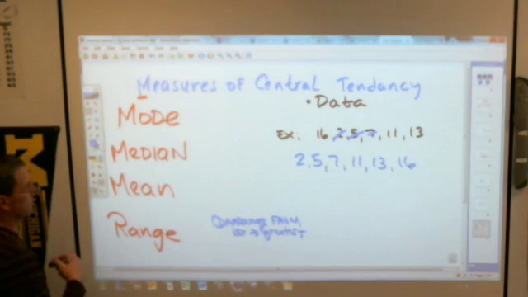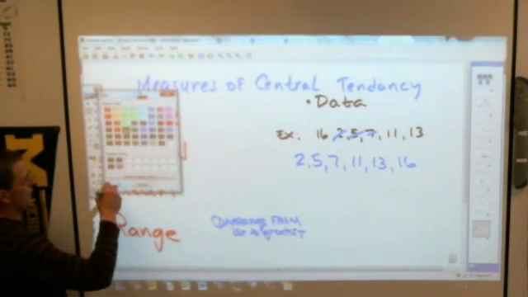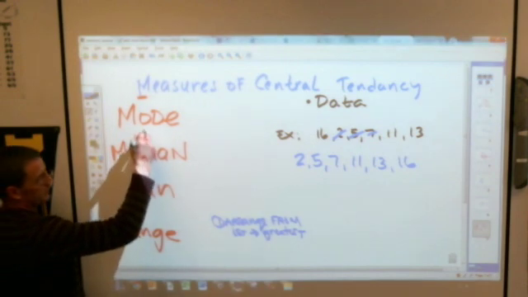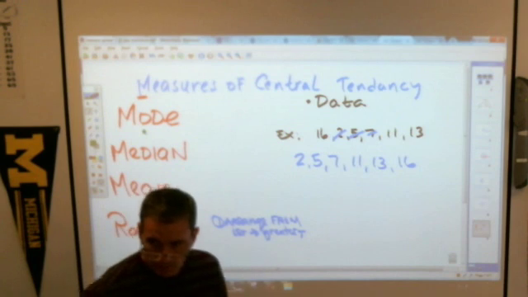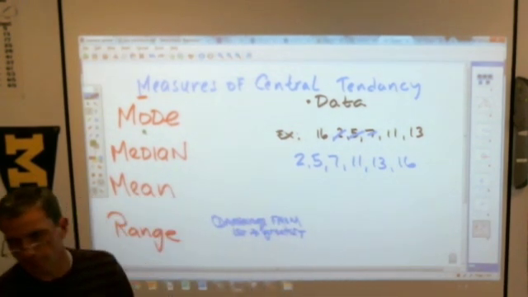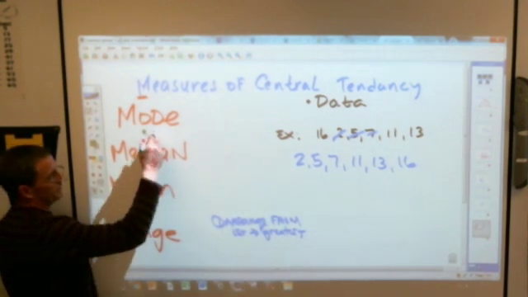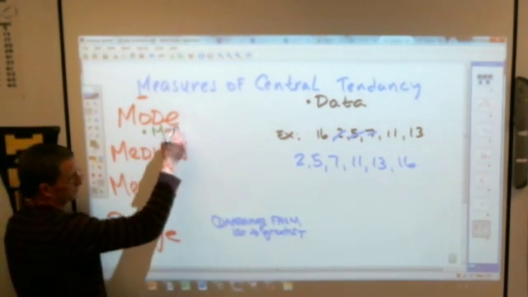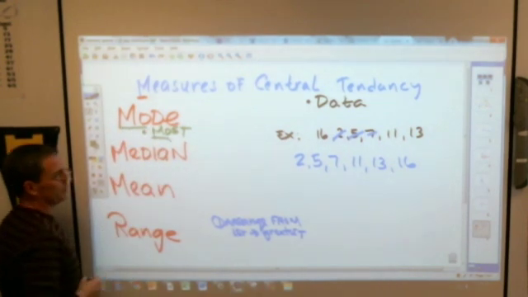Now, let's define what these are. First one's pretty simple. The mode is simply, and a good way to remember this, Mrs. Lowry. Perfect, thank you. The mode is simply the number that occurs the most. Got it? M-O-M-O, that's how I remember it.